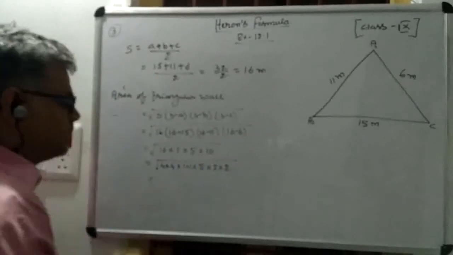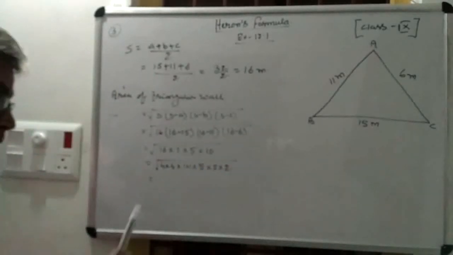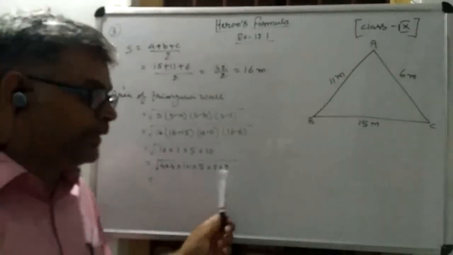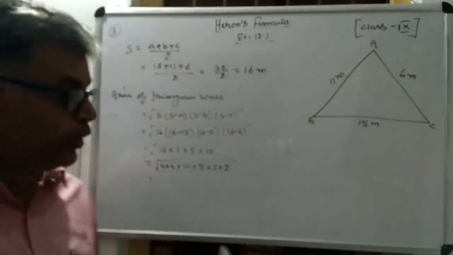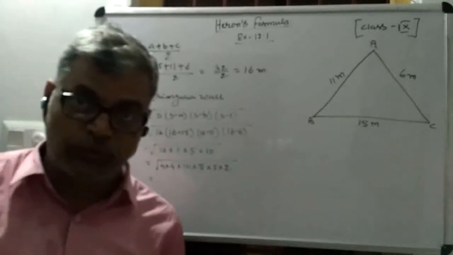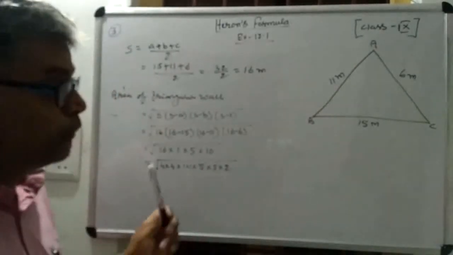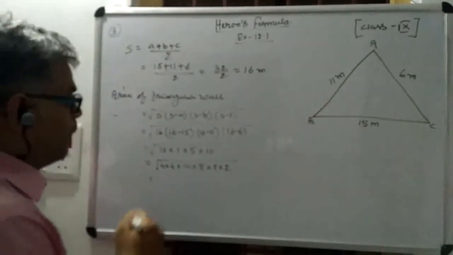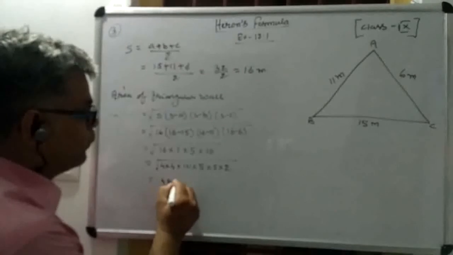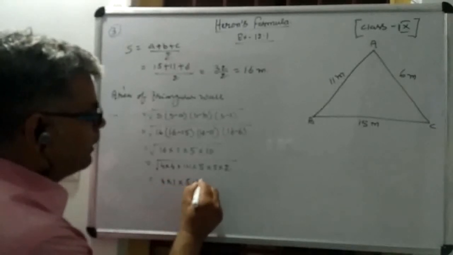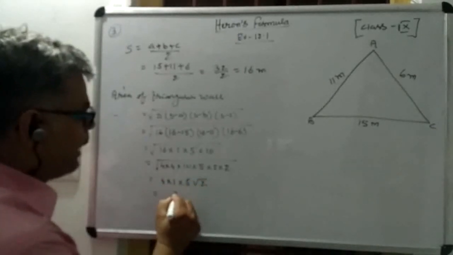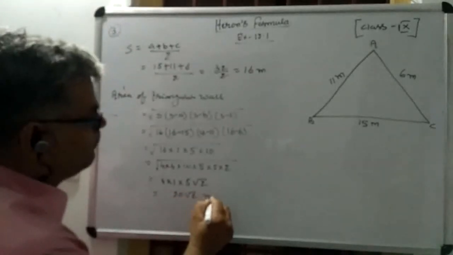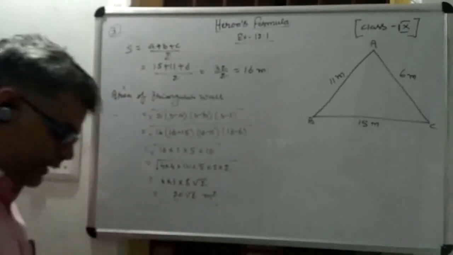So in this factorization you see that 4 is in pair, 1 is in pair, 5 is in pair, only 2 is not in pair. So 2 will be left inside the square root and you can take one digit for each pair outside the square root. So you will have 4 into 1 into 5 under root 2, that is 20 root 2 meter square will be the area of this region.